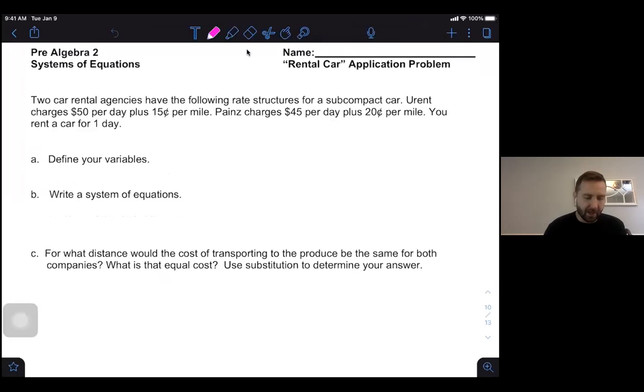It says 2 car rental agencies have the following rate structures for a subcompact car. Urant charges $50 per day plus 15 cents per mile, and Paynes charges $45 per day plus 20 cents per mile. You're only renting the car one day. So we want to define our variables. Haley, what do you think our variables are going to be in this? It's very similar to the last one.